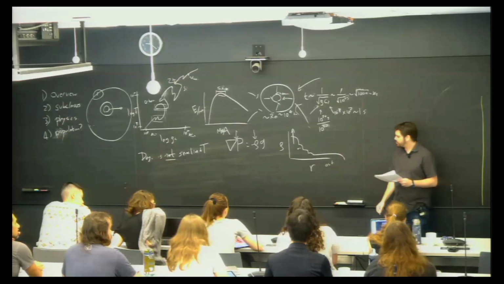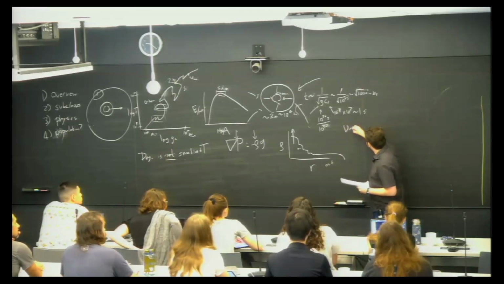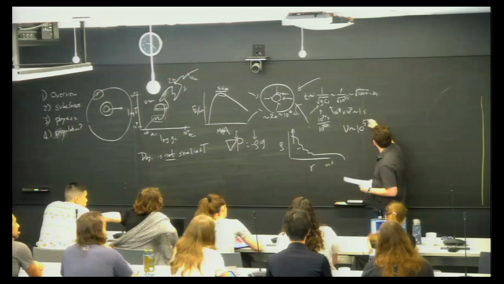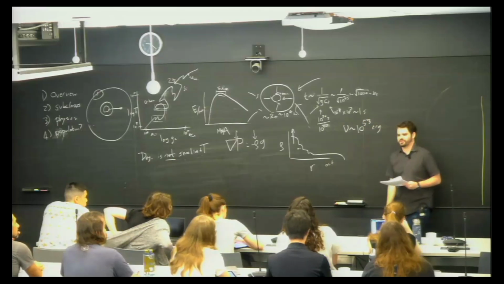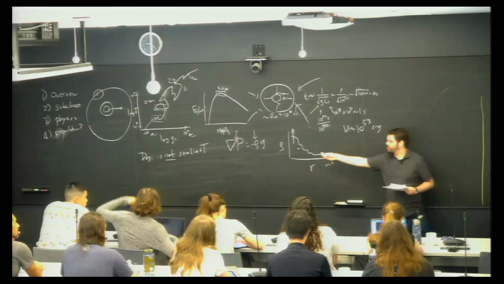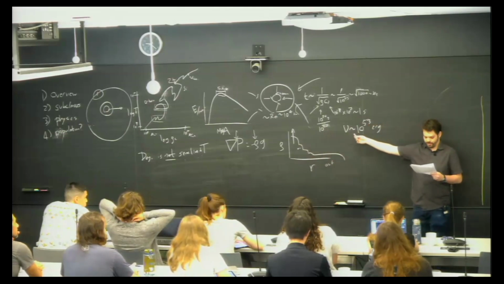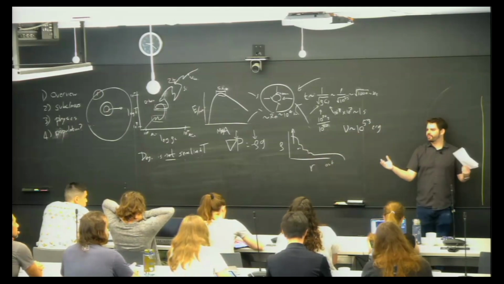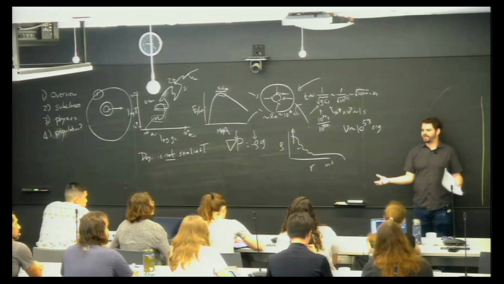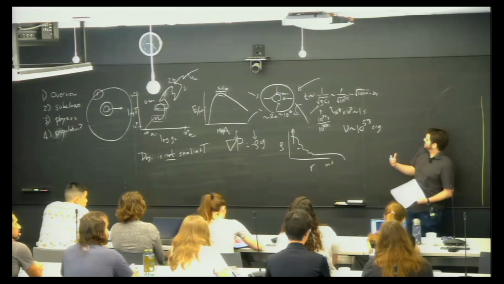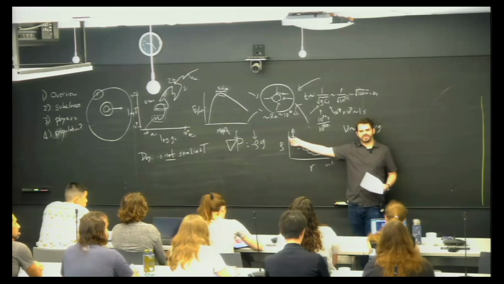So what happens? Well, it turns out that there's something like 10^53 ergs of neutrinos that are produced in this process. That's a lot of energy in neutrinos. But we know, hopefully, that neutrinos are pretty weakly interacting particles. But this is a really, really dense environment.